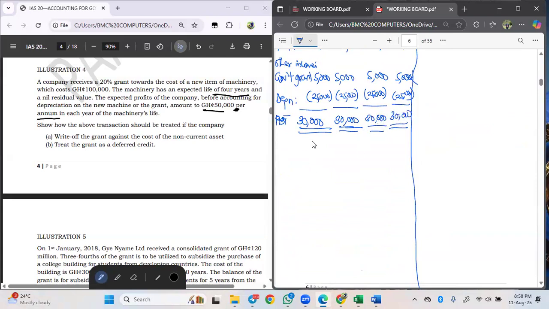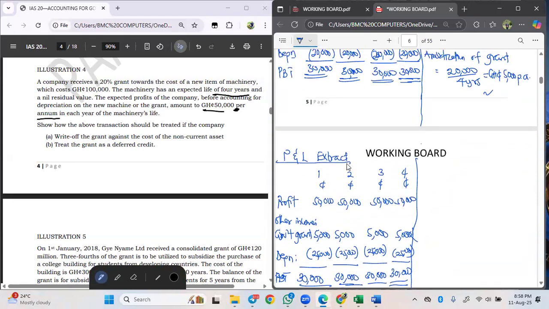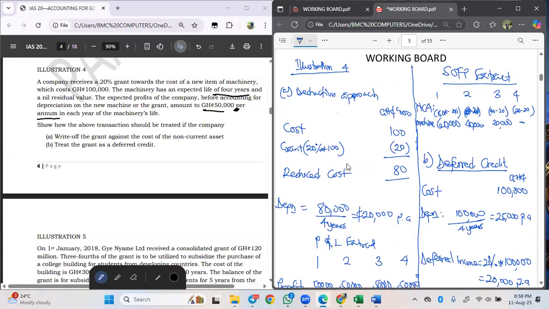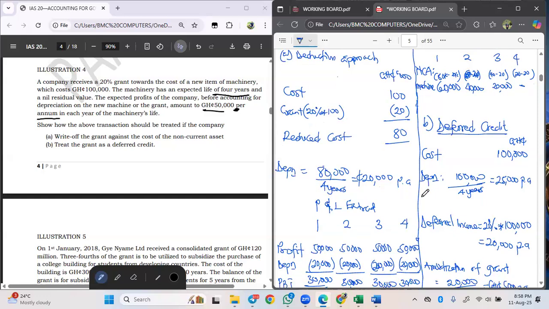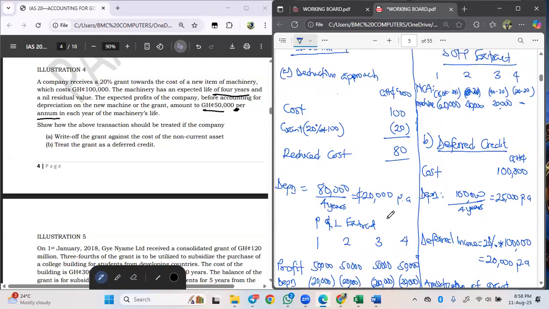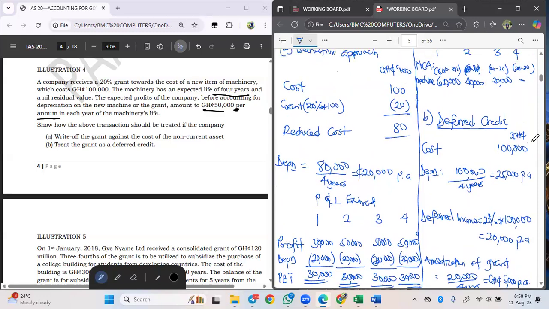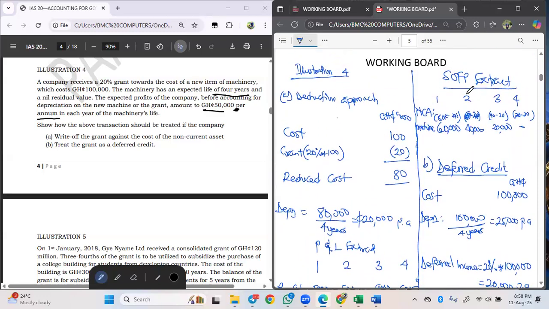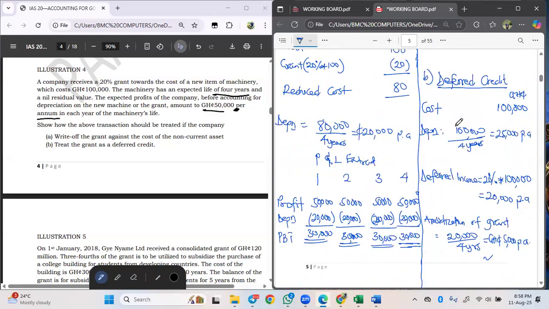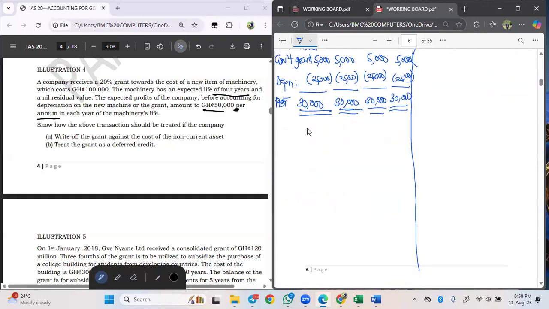Let's look at how the statement of financial position will be. With the first approach, the deduction approach, you only see the asset. But with the deferred one, you are going to see it here. So the statement of financial position extract, years 1, 2, 3, and 4. Let's pay attention here.